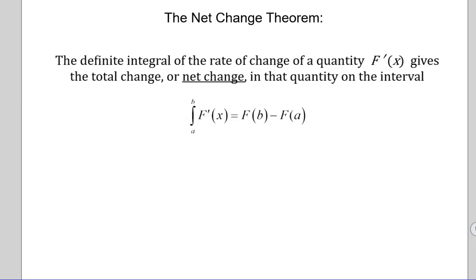Okay, so here's another idea that we should be familiar with, and that is of net change. It says the definite integral of the rate of change of a quantity, f prime of x, gives the total change or net change in that quantity on the interval. Okay, and we should be familiar with this idea. Let's say we have some derivative. When we integrate it, we get the antiderivative, right?